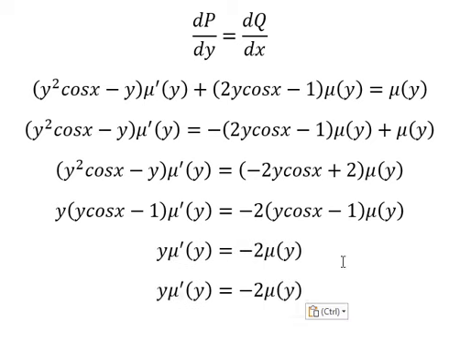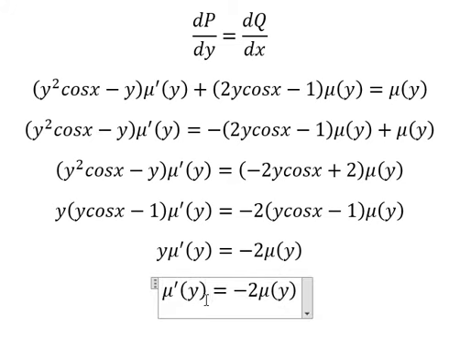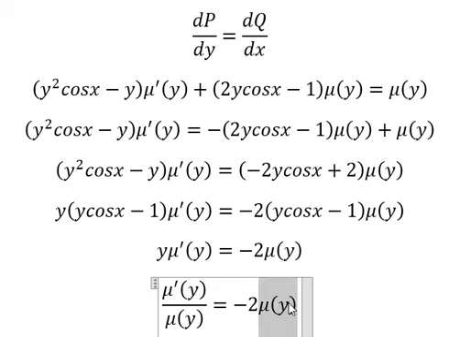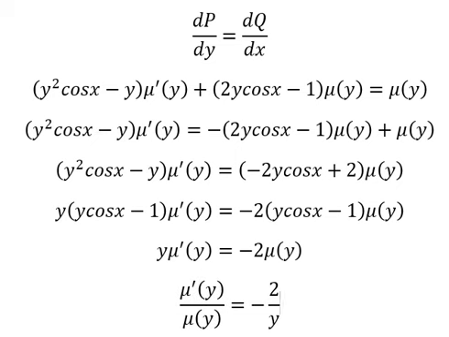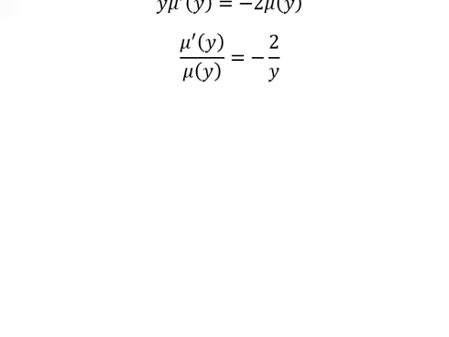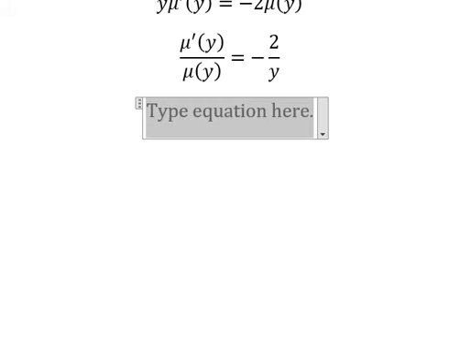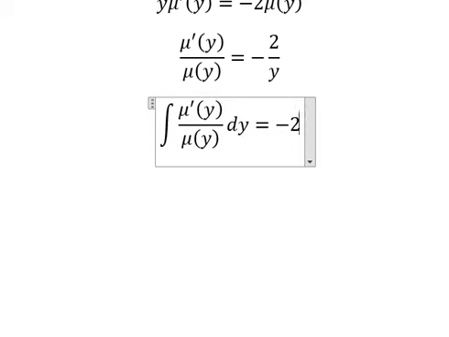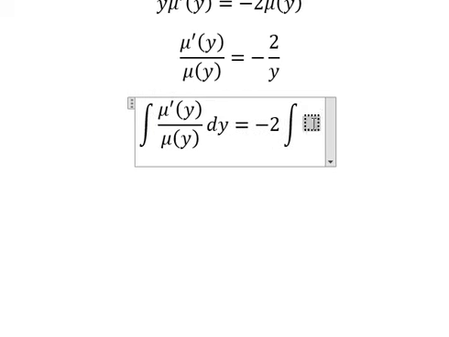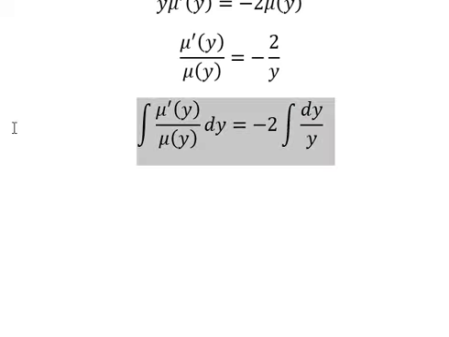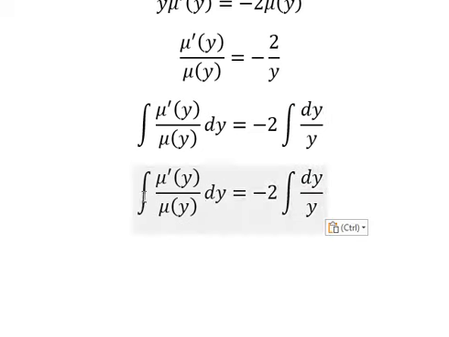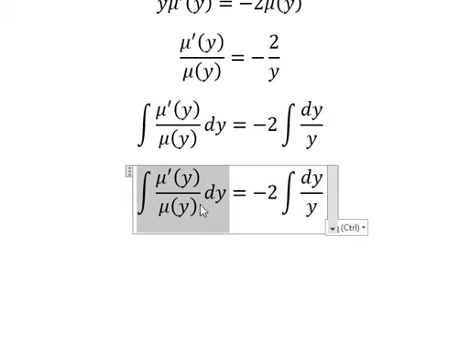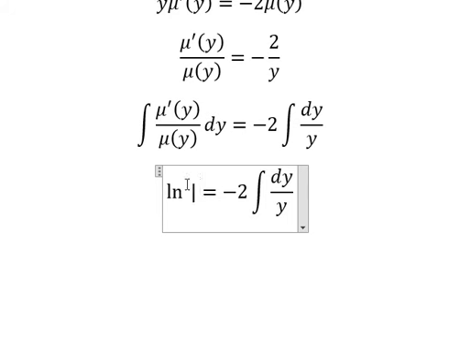Next we simplify y cosine x minus 1 for the both sides. Next, we divide both sides by mu y and y. Next, we put the integration for the both sides. Next, the integration of this one, we have ln of the absolute value of mu y.